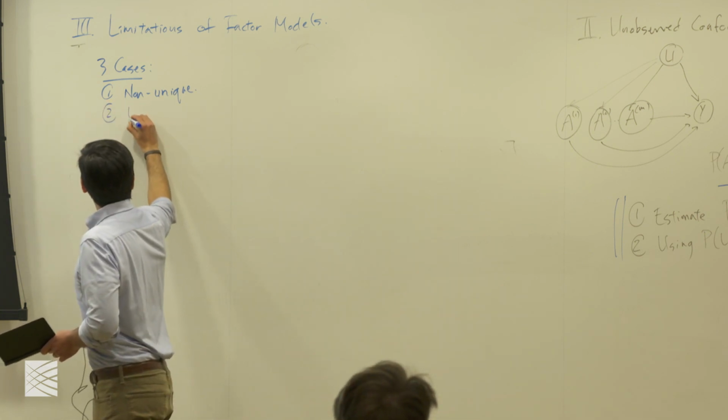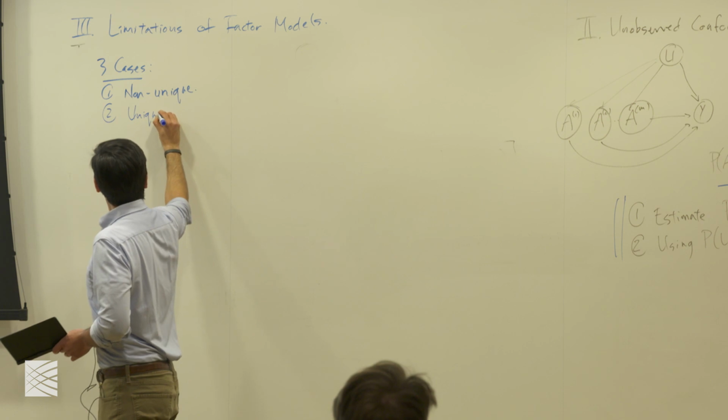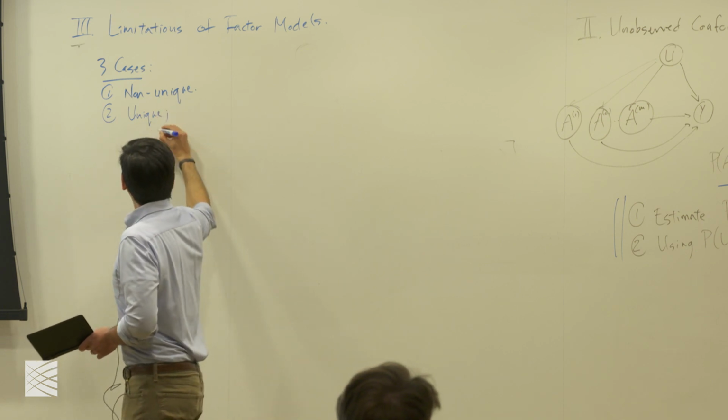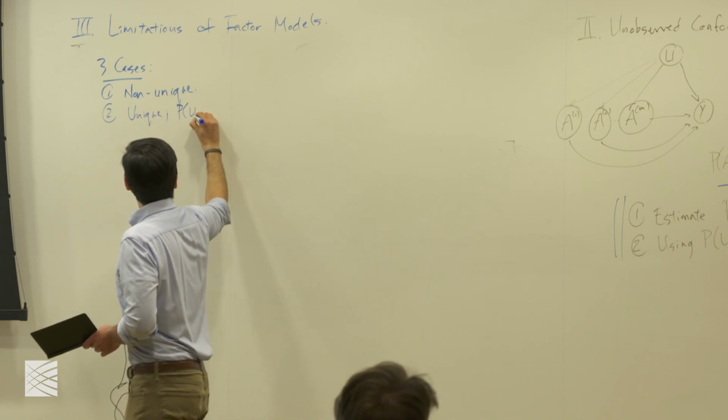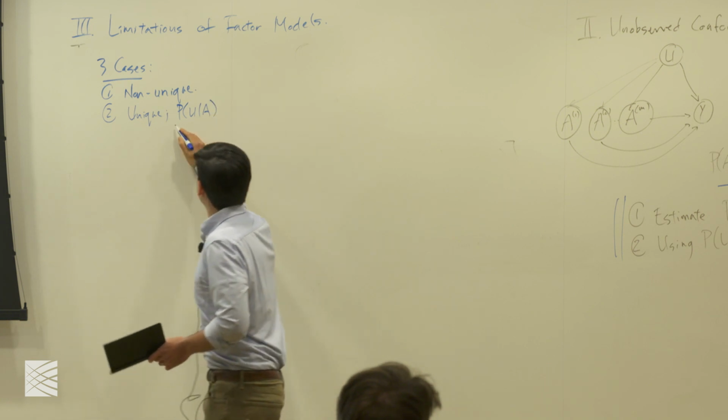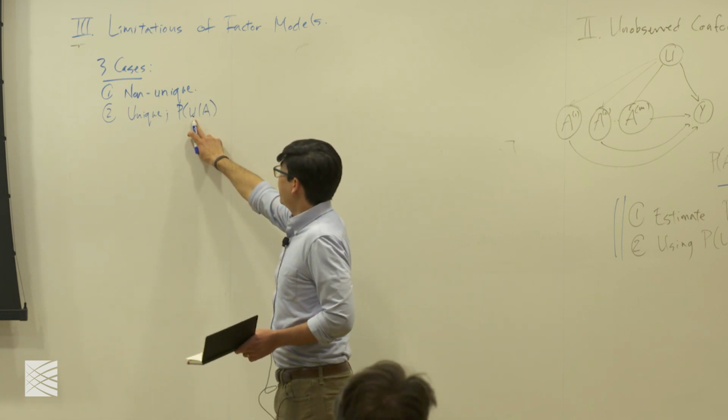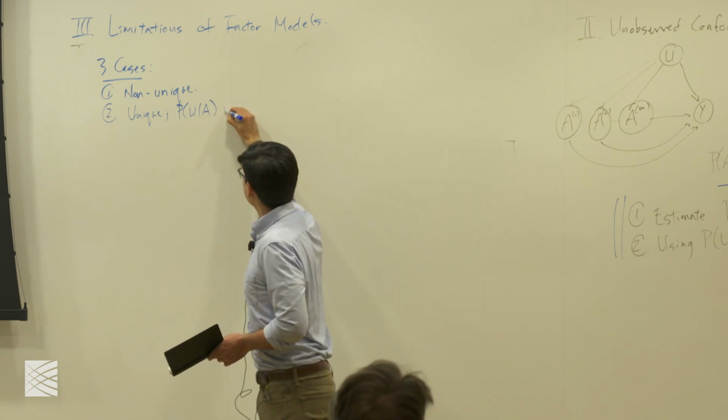All right, the second one is where we have a unique factor model. And after we observe the causes A, our distribution of the unobserved confounder is non-degenerate.